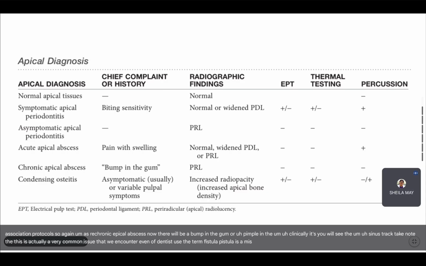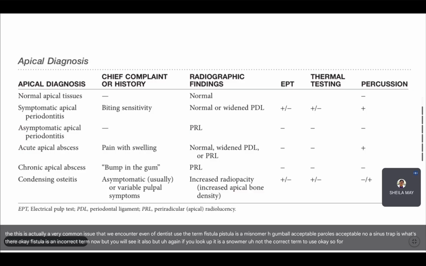Fistula is a misnomer. Gumboil is acceptable, parulis is acceptable. Sinus tract is what's there. Fistula is an incorrect term, but you will see it also. Again, if you look it up, it is a misnomer, not the correct term to use.